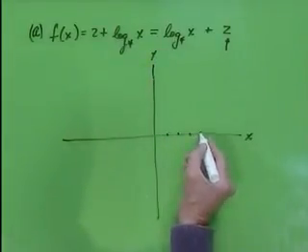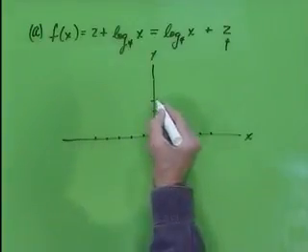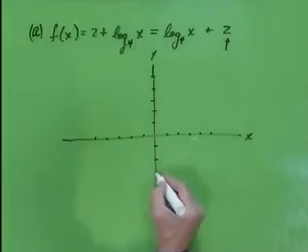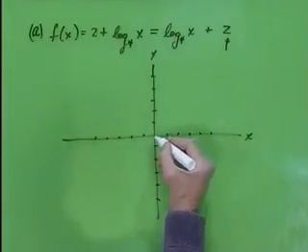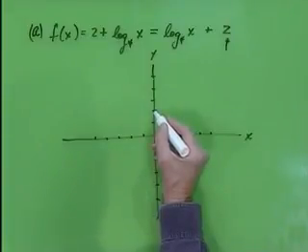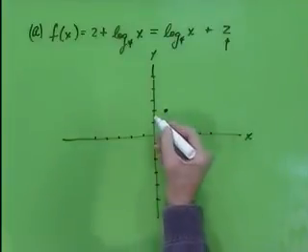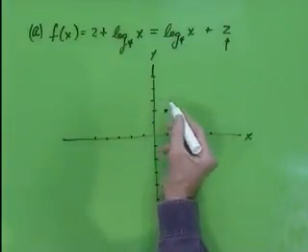So if I mark off my scale, okay, when I shift it up 2, this is my new origin. Now, from this position, I'm going to graph the log base 4 of x. I should go over 1 unit to the right. If I go up 1, I should go over 4 units to the right.